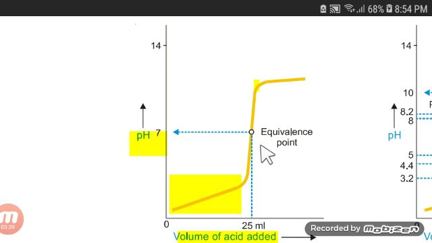After that there is a rapid increase, which shows a vertical portion of the curve, and in the middle there is the equivalence point, where the base being added to the acid becomes equal, and here the indicator shows the change in color. After that it gradually slows. That is basically the pH curve.